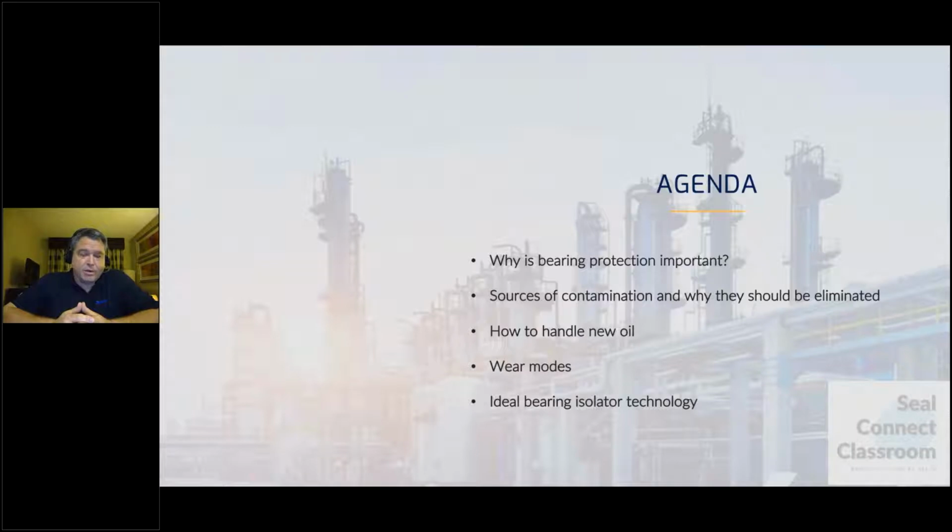We'll discuss wear modes, how to identify them in real time, and understand what's going on in our equipment so that we can make changes to how we handle our lubricants and contaminants. Then we'll talk about technology: seals, breathers and filtration, the different technologies that can protect our equipment and our lubricants.